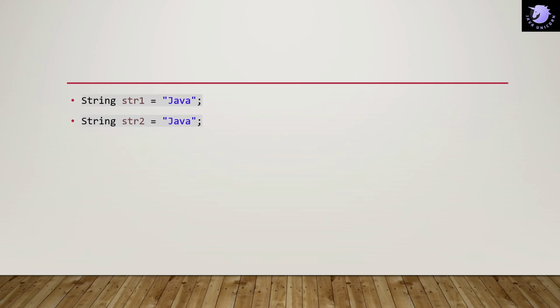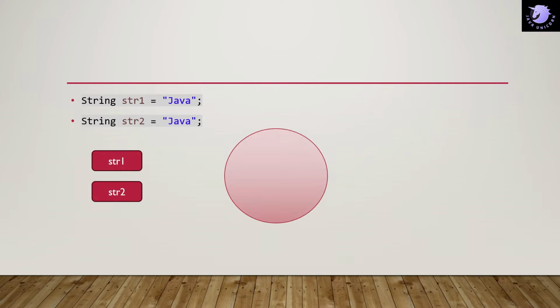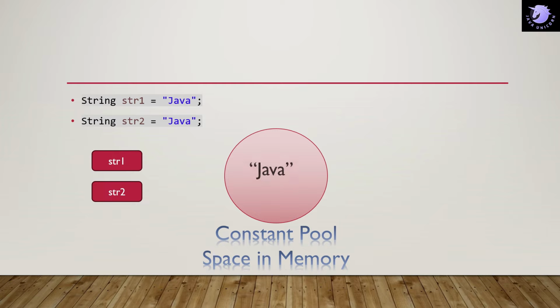Okay, so let's understand in a diagram way. We will have two variables, String str1 and str2, with Java as the value. In this case, they will point to a constant pool space in memory. This constant pool will contain the string value Java, and both str1 and str2 will point to Java.